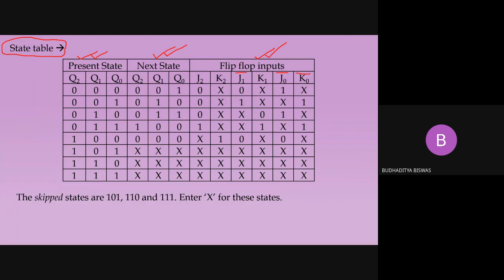J1, K1, the JK inputs of the second flip-flop, or flip-flop number 1, and J2, K2, the flip-flop inputs of the third flip-flop, that means flip-flop number 2. Any confusion about the heading of the table? Up to the heading only.